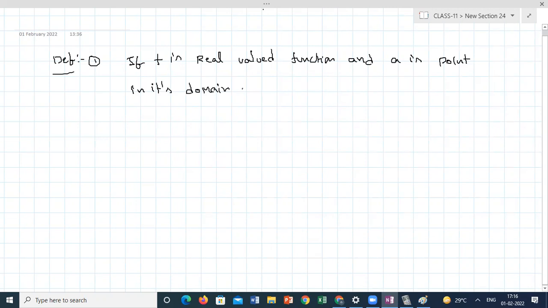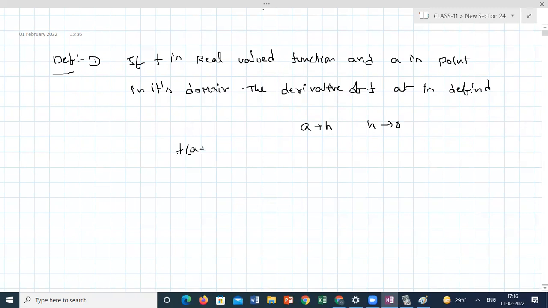The derivative of f at A is defined as follows. Suppose A is increased by h, where h is almost equal to 0.